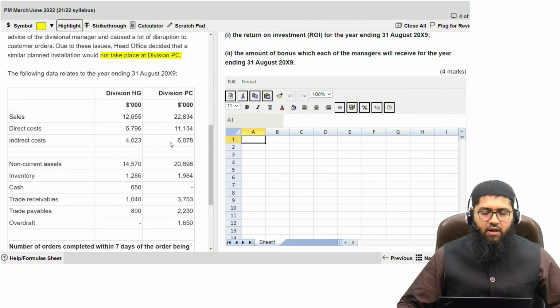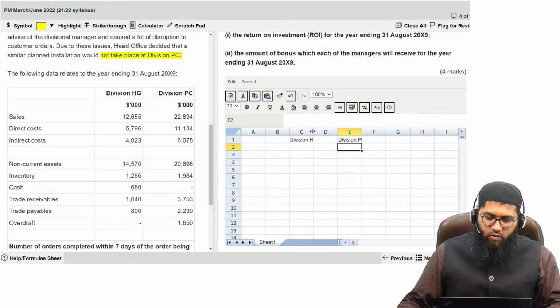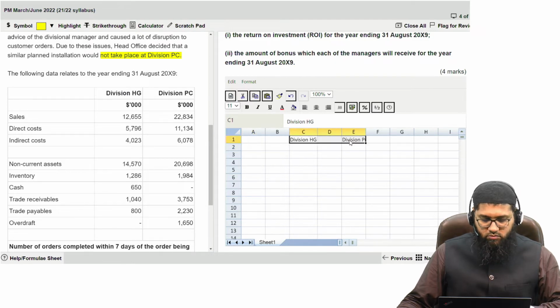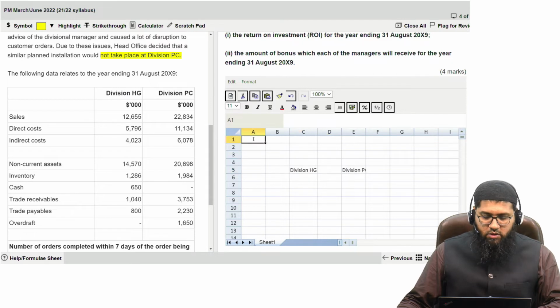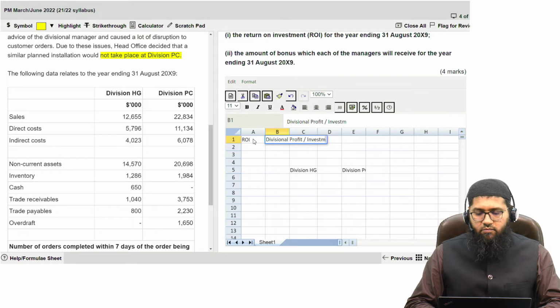So apparently a simple situation: division HG, division PC. The formula for ROI is divisional profit divided by investment.